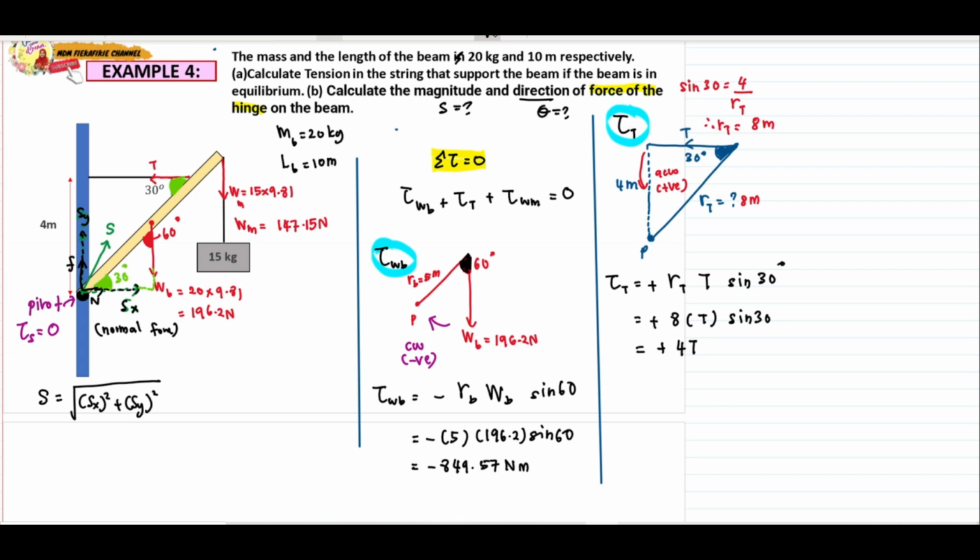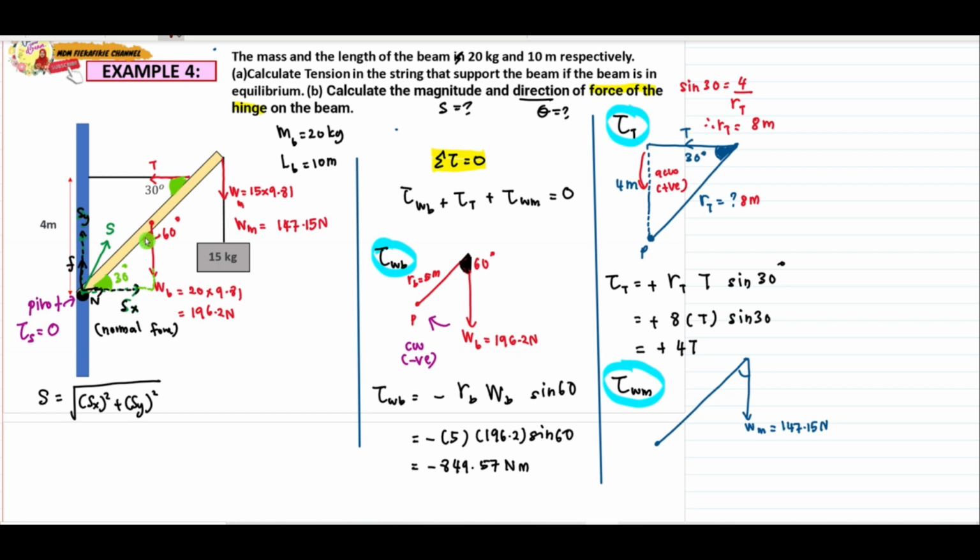Okay. Kita kira dululah torque dia. So, torque due to the weight of the mass. Okay. Kalau kita lukis, this is the pivot point. This is the length of the beam. So, dekat hujungnya tu kita ada weight exerted at this point. The weight of the mass is 147.15 Newton. Okay. And angle dekat sini berapa?